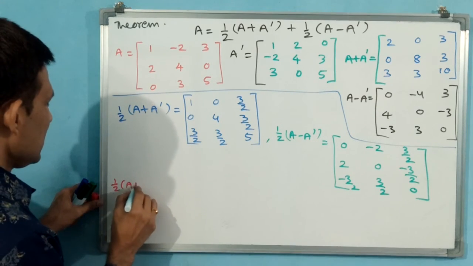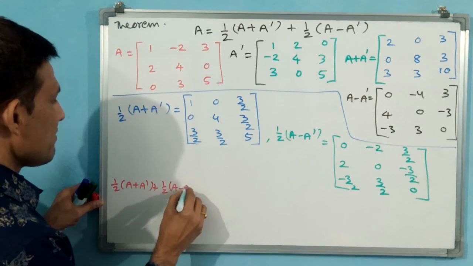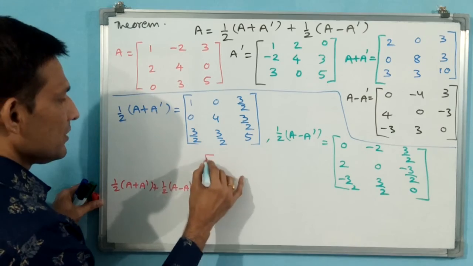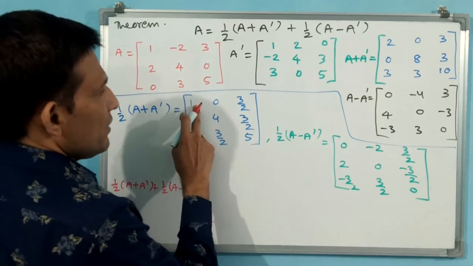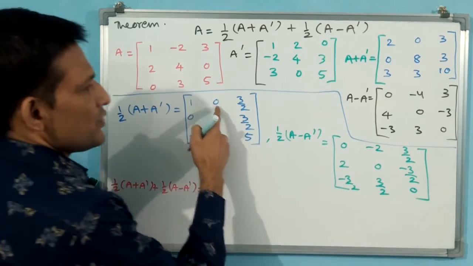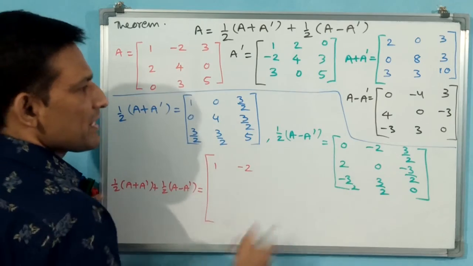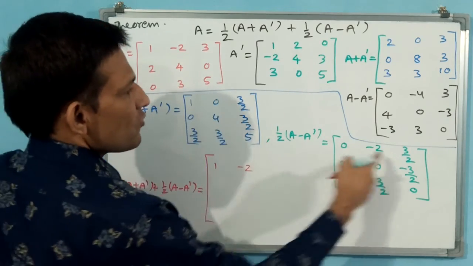1 by 2 A plus A dash plus 1 by 2 A minus A dash is equal to, you see, 1 plus 0 1, 0 minus 2 minus 2, 3 by 2 plus 3 by 2.